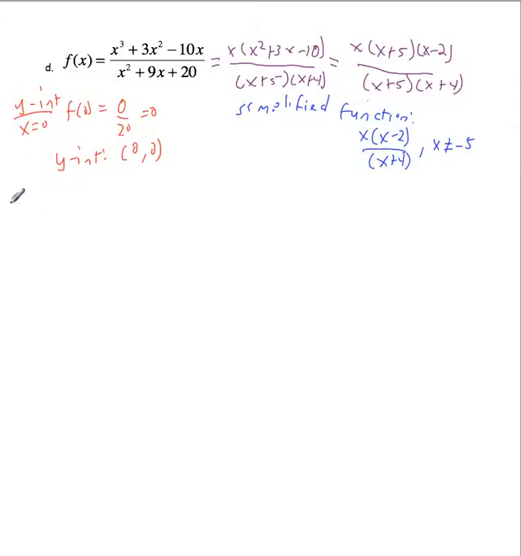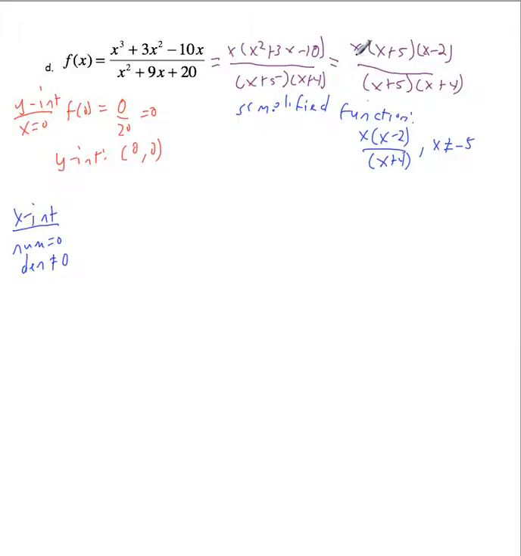Next, let's find the x-intercept, or intercepts. To find them, we're looking for values that make the numerator equal to 0, but the denominator cannot be 0, because if the denominator equals 0, those x values are not part of the domain. So we're going to look at the factored form of our function.